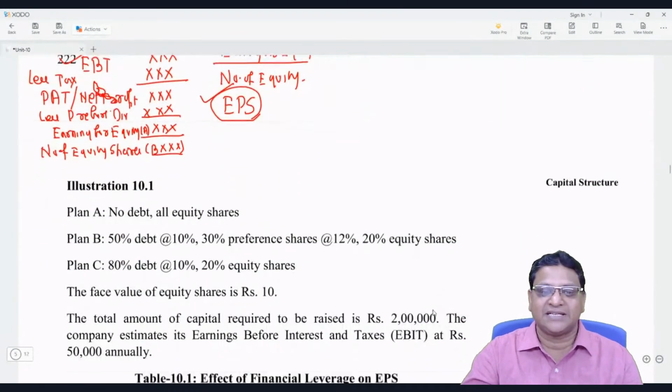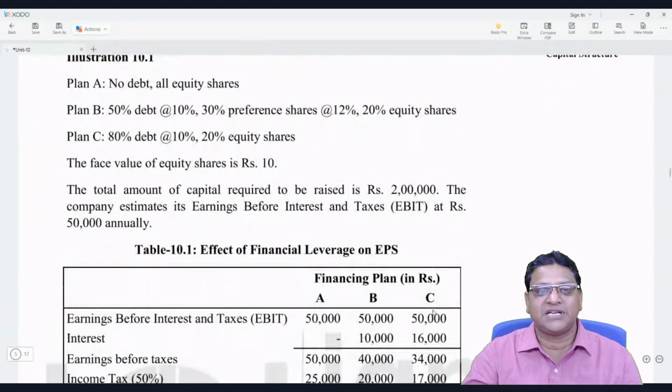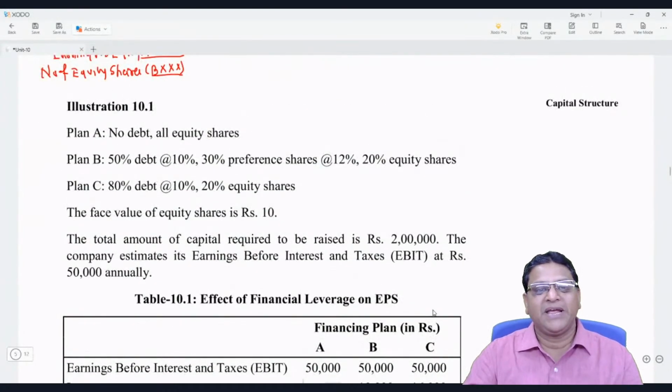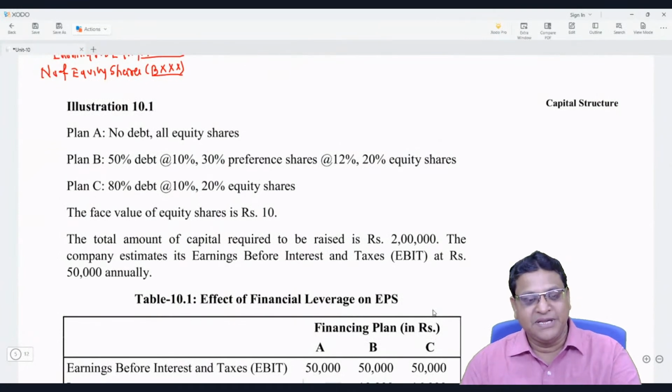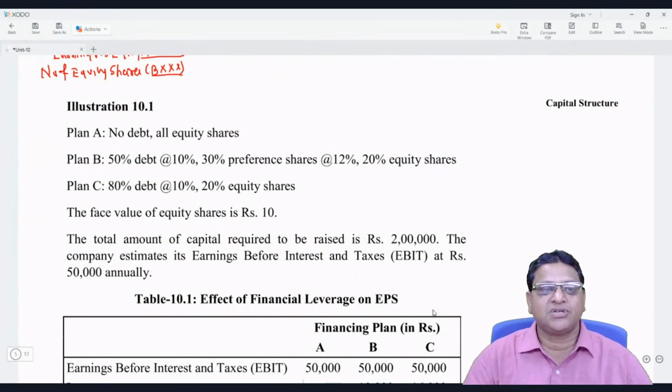So let's take an example and solve it to make an EBIT EPS analysis. We will solve illustration number 10.1. Suppose a company has three plans, plan A, plan B, plan C, for designing its capital structure.